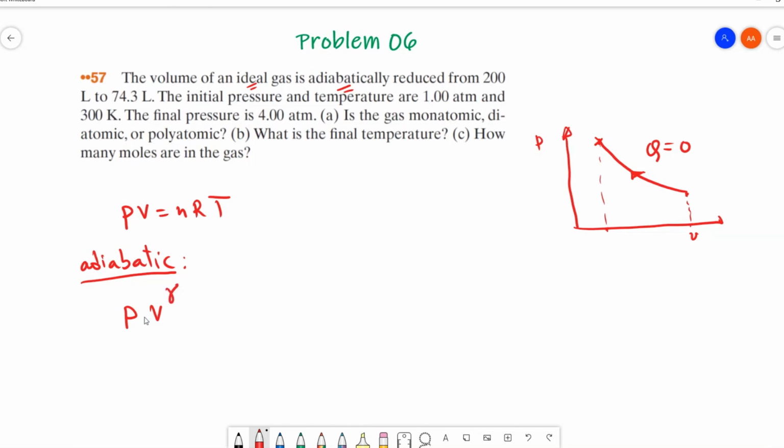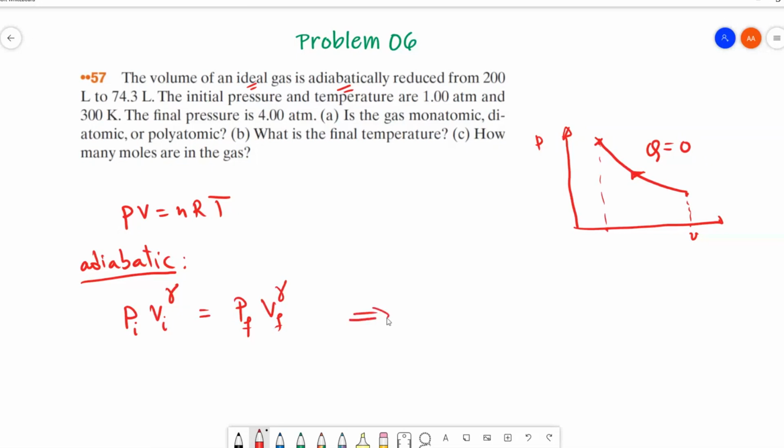P multiplied by V to power gamma is constant, which means the initial value P_i V_i to power gamma is equal to the final P_f V_f to power gamma. So for adiabatic, you need to keep this in mind. This relation is valid, and this is the one that I should use.